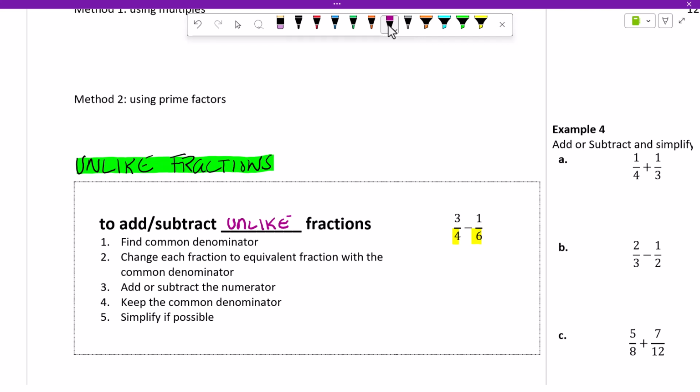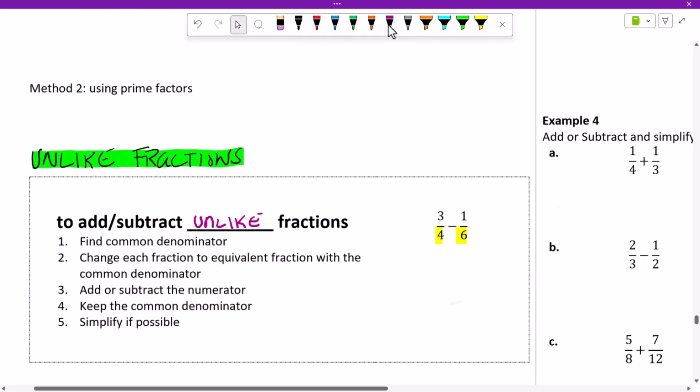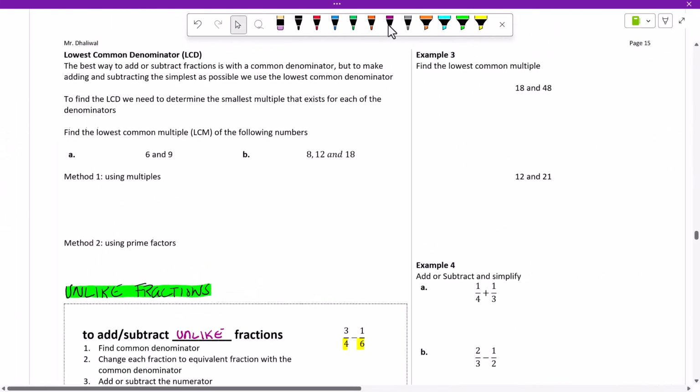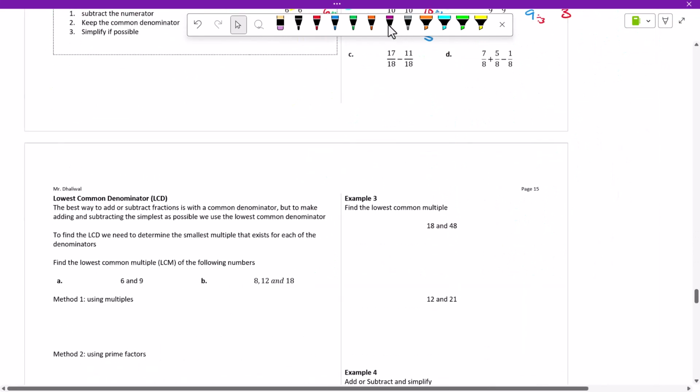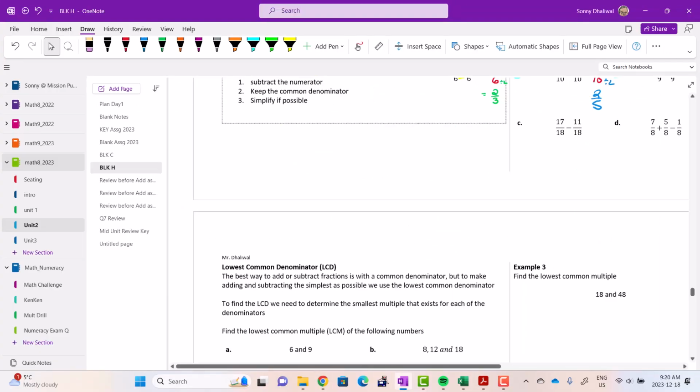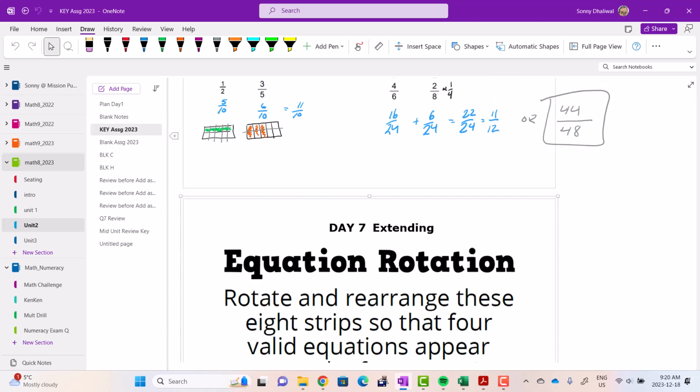Right? So how do we do that? Let's go back and look at the assignment like this.